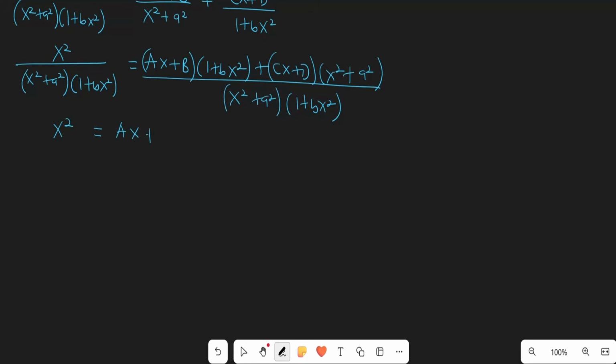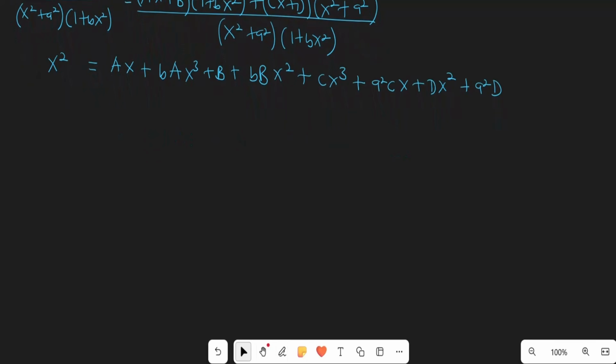That is going to be Ax plus B times 1 plus bx squared, which gives Abx to the third plus Bbx squared plus Ax plus B. Now this is going to be Cx to the third plus a squared Cx plus Dx squared plus a squared D. So this is what we have after the expansion.